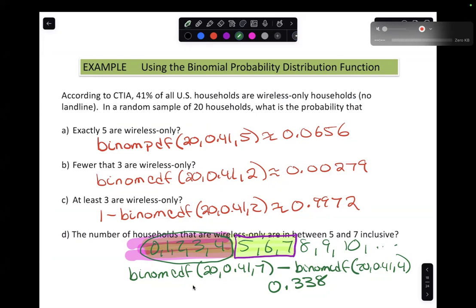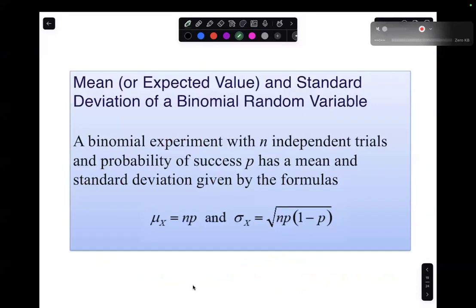Okay. Let's move on to our next piece. Once again, binomial, we're going to do mean and standard deviation. There are like 12 different formulas, unfortunately, for mean and standard deviation through the whole term. You remember we did mean sub x on Tuesday.